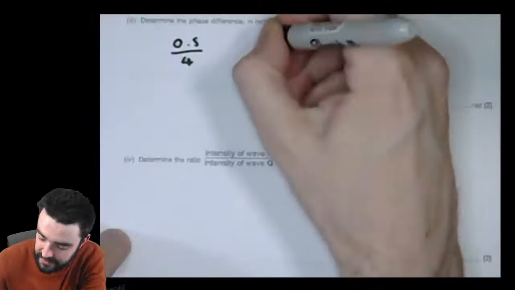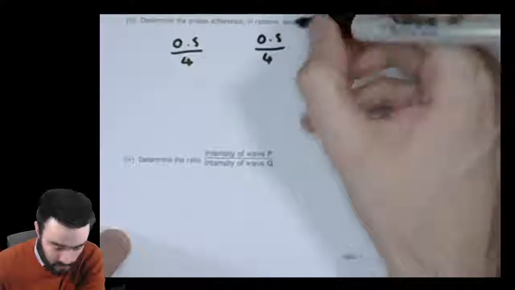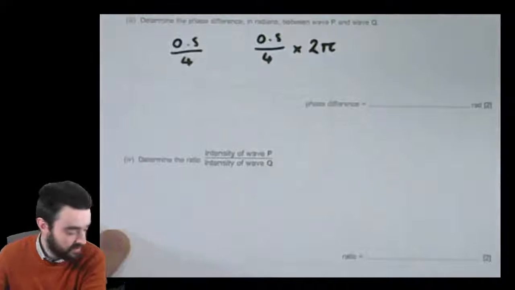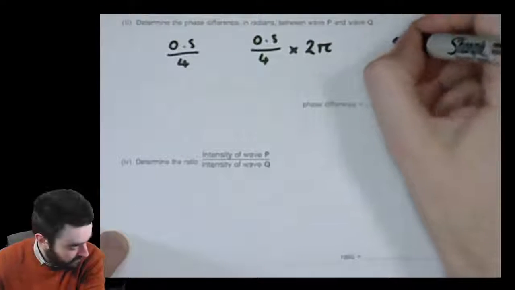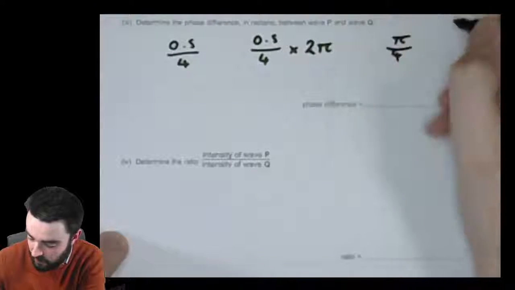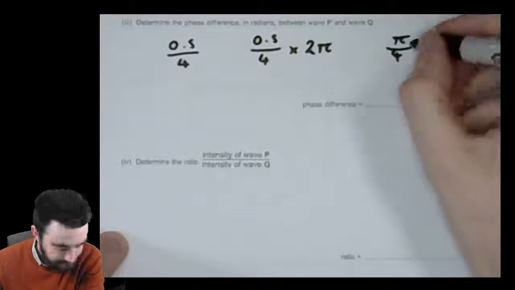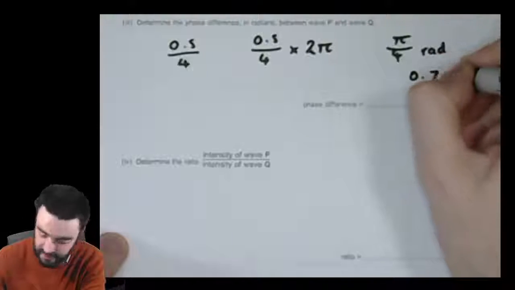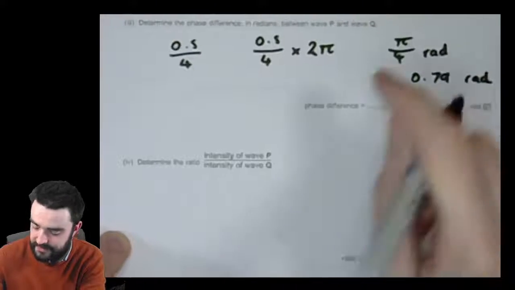So we can say that 0.5 over 4 times 2 pi, because remember that 2 pi is a complete circle, which is going to be equal to pi over 4 radians. Or you could put that in decimal and round it to 0.79 radians.